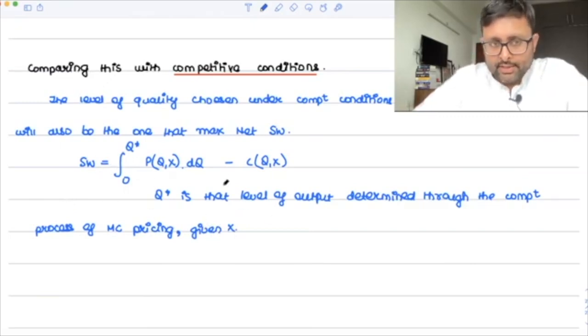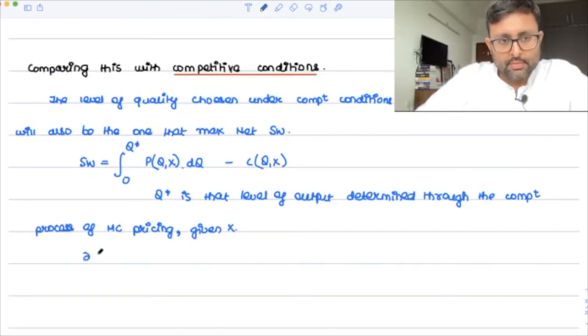So you differentiate this social welfare with respect to X for a max, in order to maximize this.